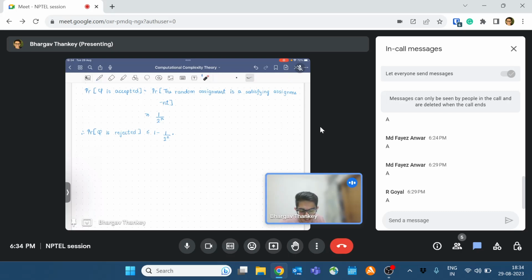So when will the probability of rejection be exactly this? That is the same as saying when will the probability of acceptance be at most this? Yes, a phi with only one satisfying assignment.